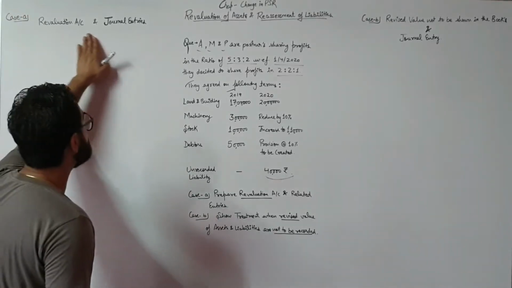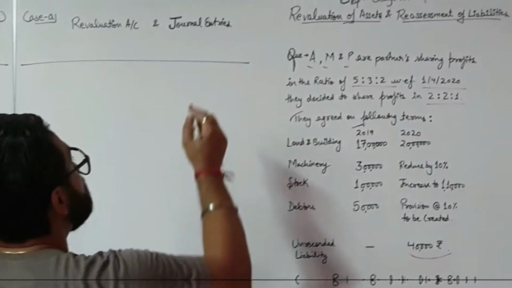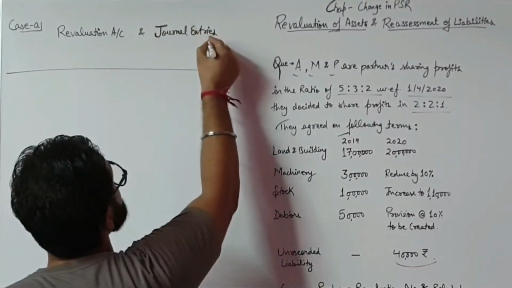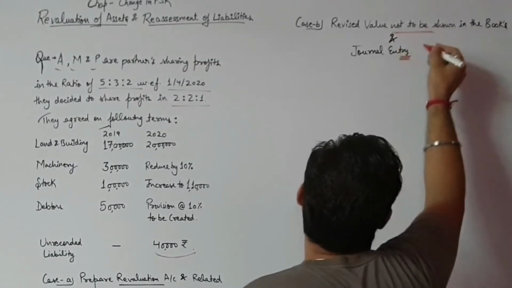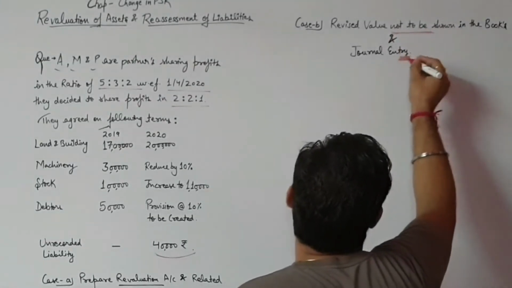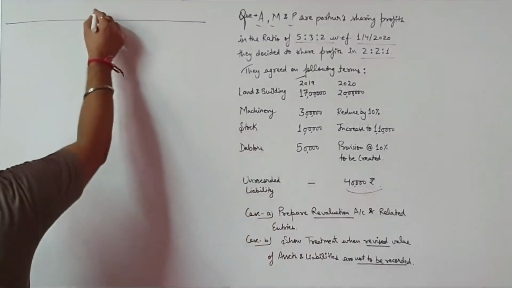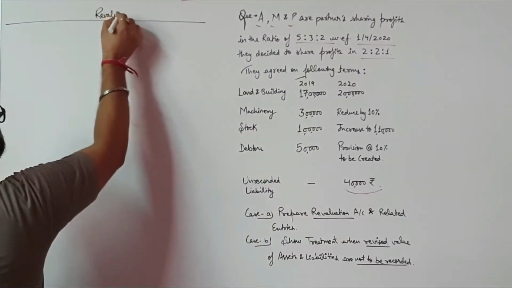Preparation of revaluation account and journal entries. Before starting, you must understand that in case of revaluation account, various entries will be passed. In case when revised value is not to be shown, only one journal entry is to be passed. Now let us draw the format of revaluation account.